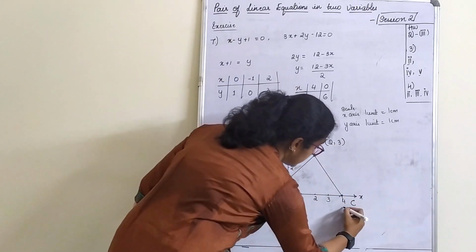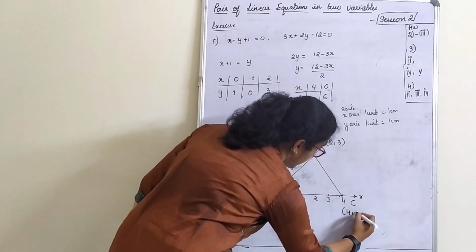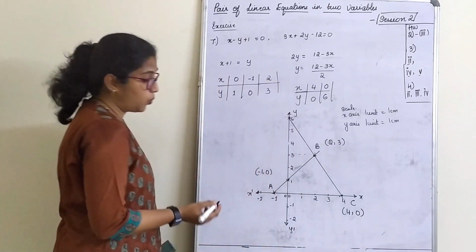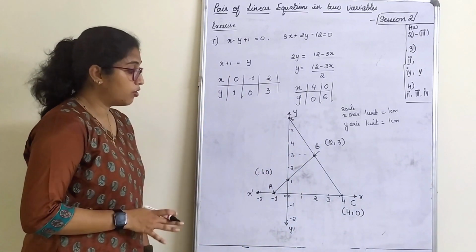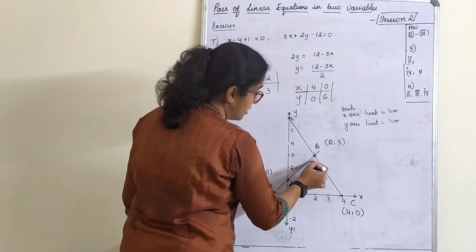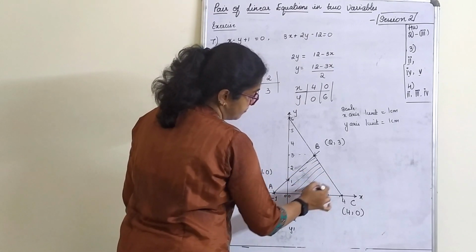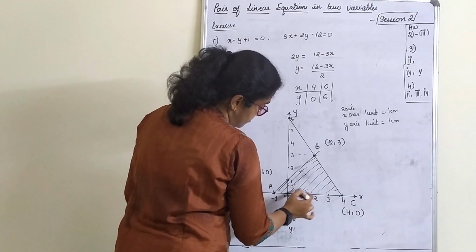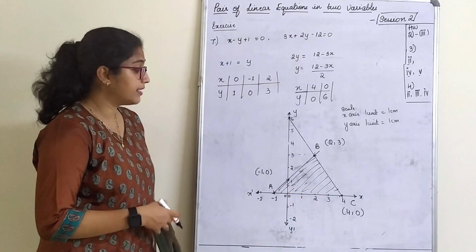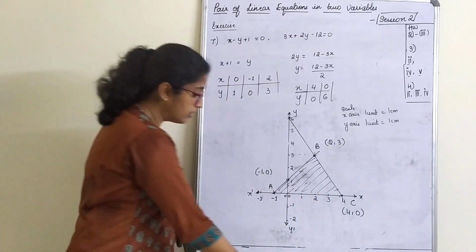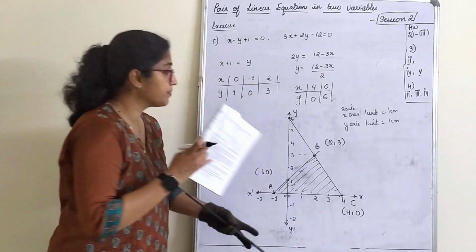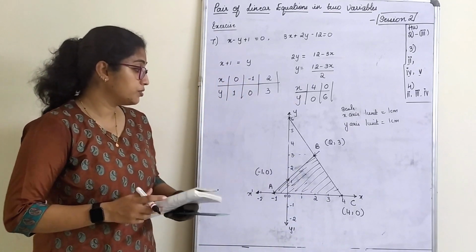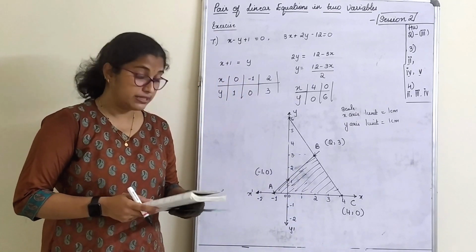Coordinate of C, x is 4 and y is 0. Correct? So these are the coordinates, and now you have to actually shade the graph. That's all they have asked here. So when we get the graph, write the coordinates with the respective given points. So that is where we complete today's exercise.